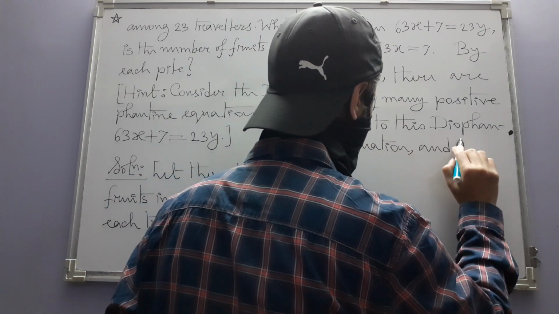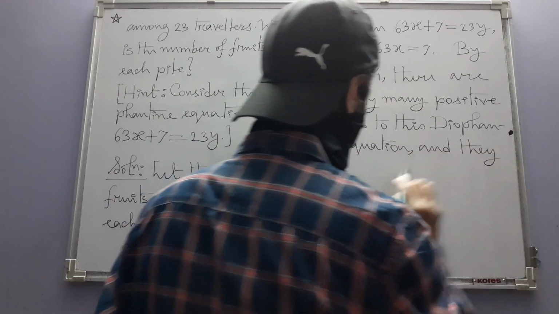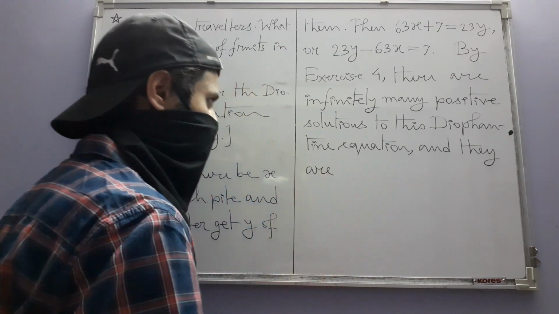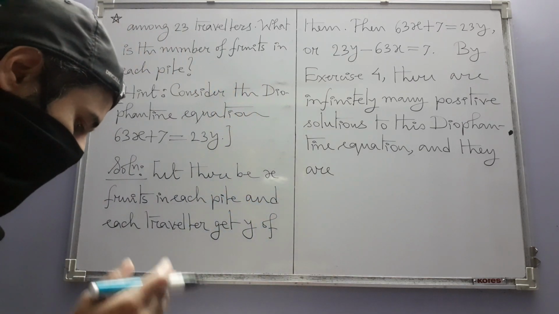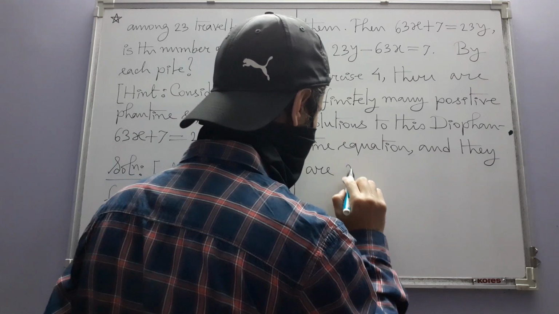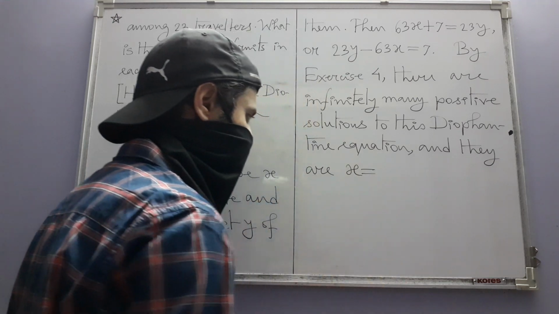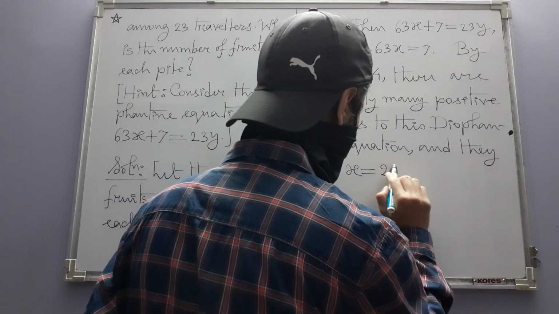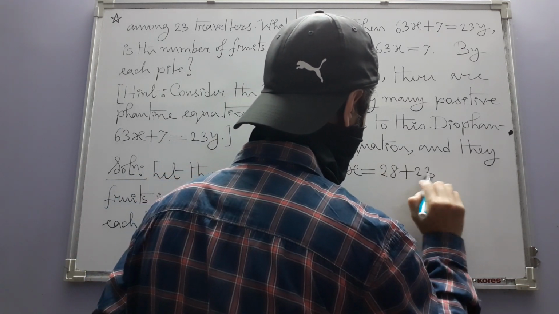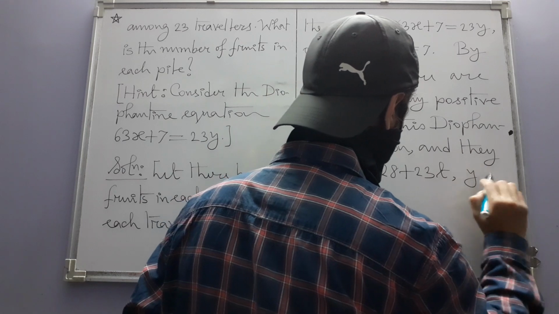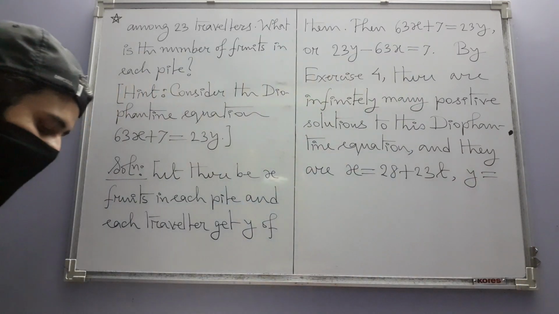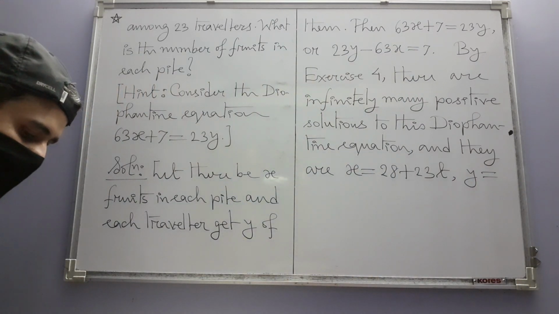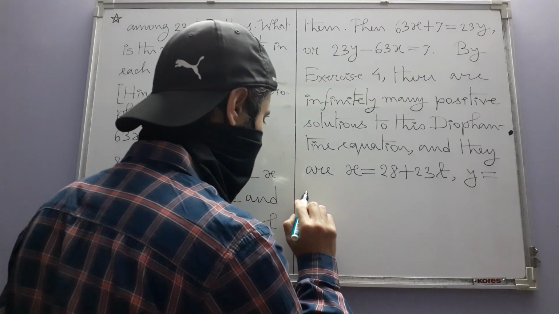And these solutions are given by these formulas. x is 28 plus 23t and y is 77 plus 63t.